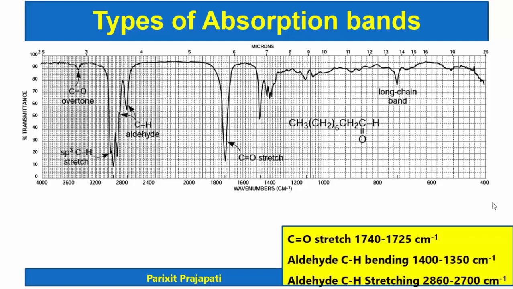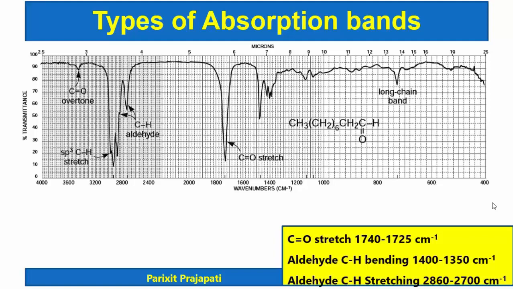So C double bond O stretch occurs in between 1740 to 1725 centimeter inverse. These are approximate values. Aldehyde CH bending occurs at 1400 to 1350 centimeter inverse.